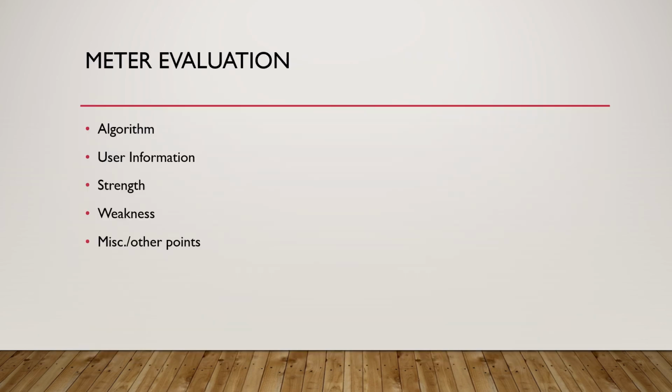The major way that authors evaluated each meter was using various criteria, like the algorithm, meaning which kind of algorithm the given server or client password meter is using. But as I mentioned earlier, other than Dropbox, none of the algorithms were made open source, and the design choices were kept private.